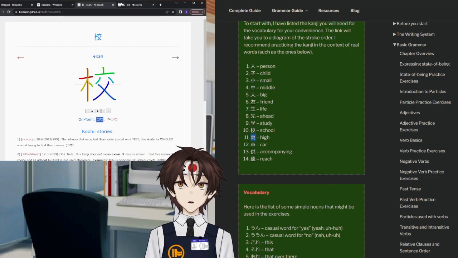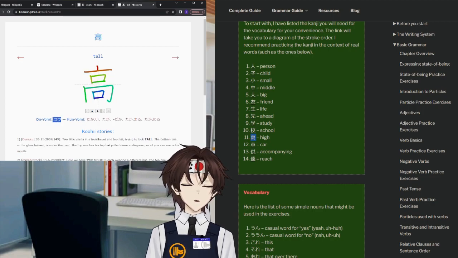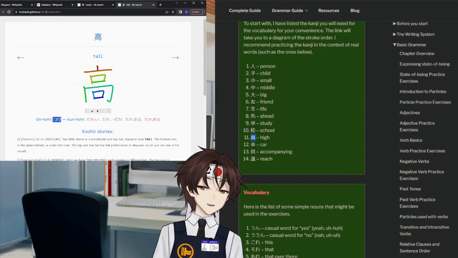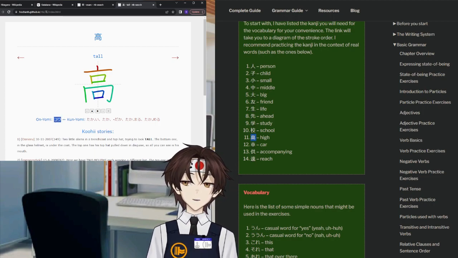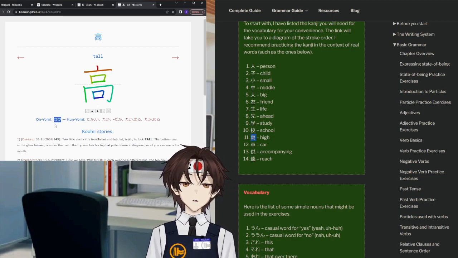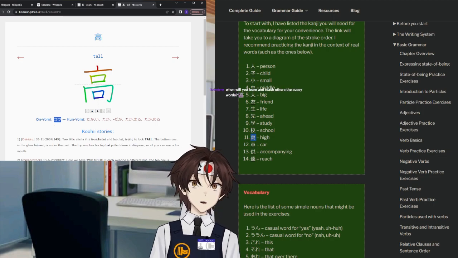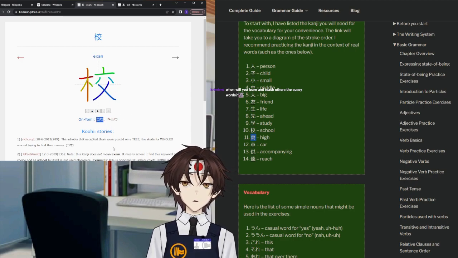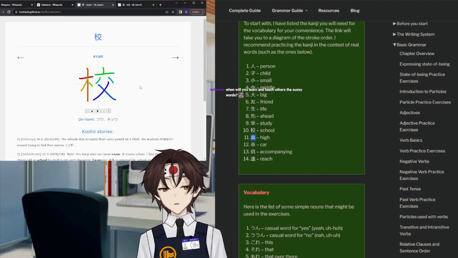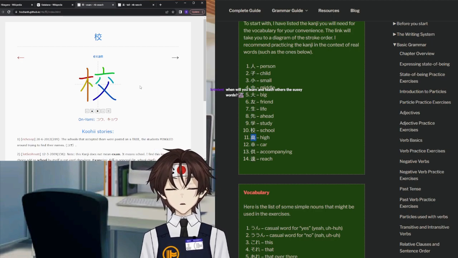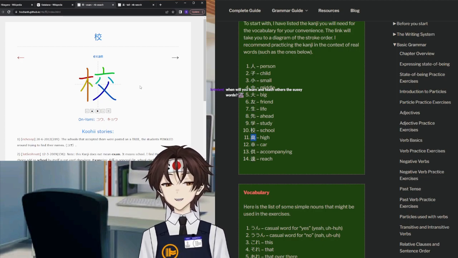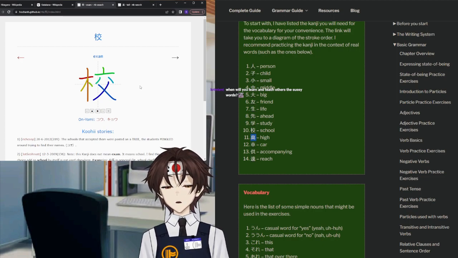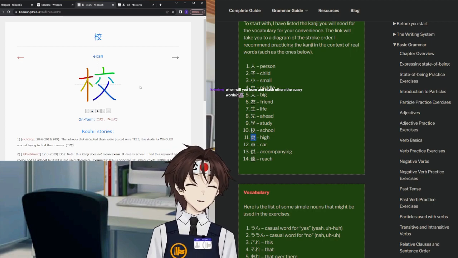See, ko here for exam, and ko here for tall. If you just write this and hope that people will understand you're trying to say tall, people might mistake you for writing exam. That's the problem. You have to learn kanji in order for people to differentiate what that ko sound meant, right?